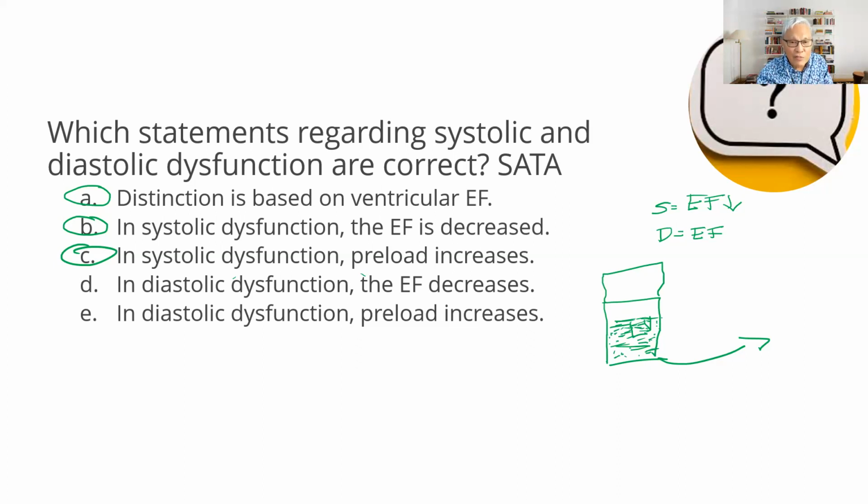That's systolic dysfunction. In diastolic, you have a bottle of water, but the water in the bottle is very little, and therefore, even if you contract it very much, there's not going to be more water that's going to be ejected.